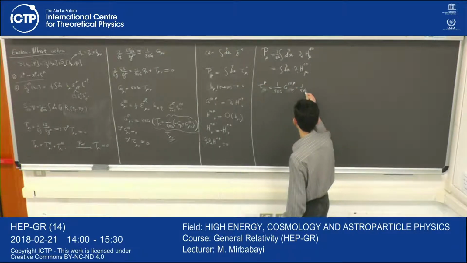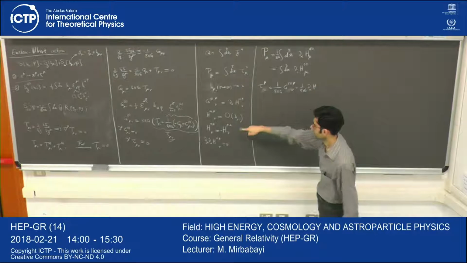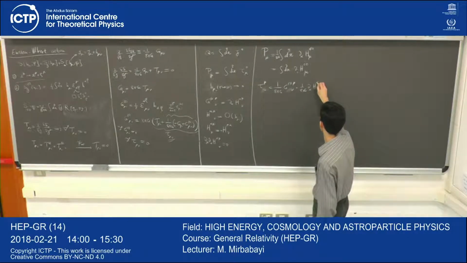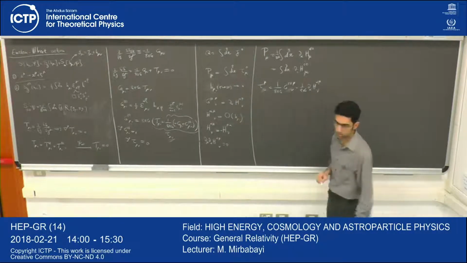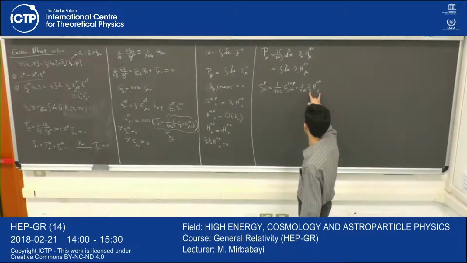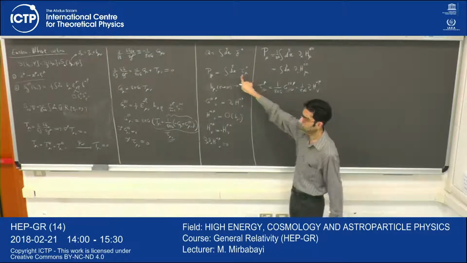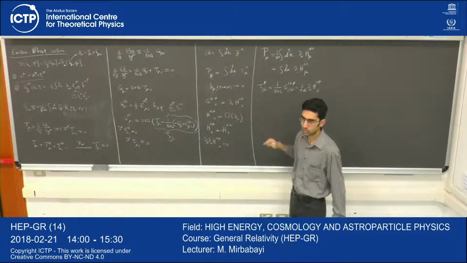I can write 1 over 8 pi G d alpha of this other object, and then I am just plugging this expression in here in my definition of p mu, right?